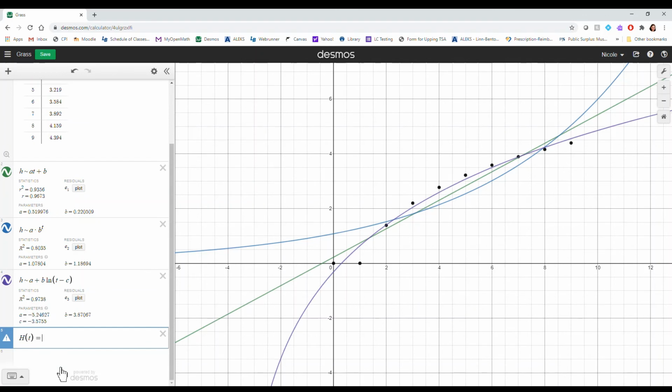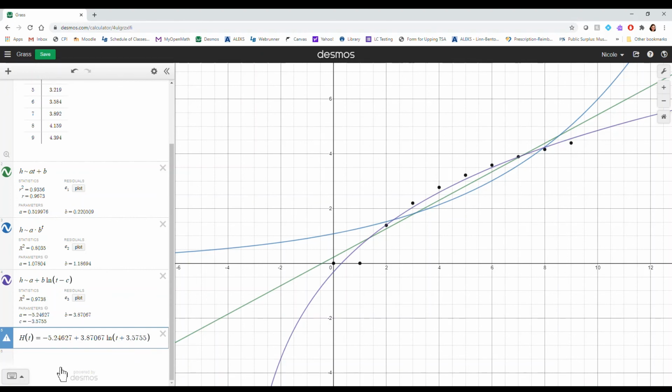H of t equals, my a value is negative 5.24627 plus my b value is, just reading it off Desmos, 3.87067 natural log of t minus my c value, which is minus negative, so we'll just make that plus 3.5755.